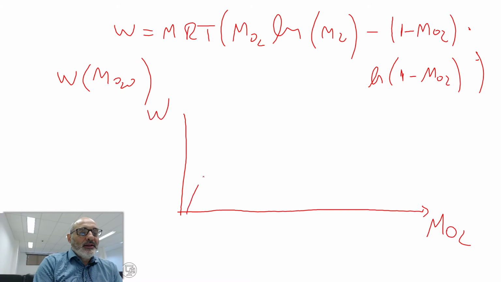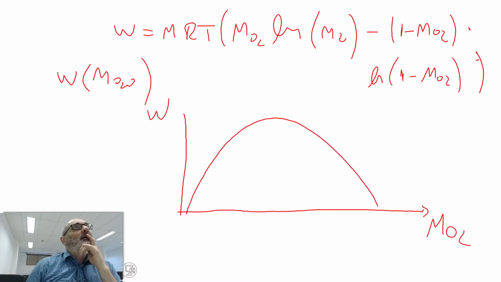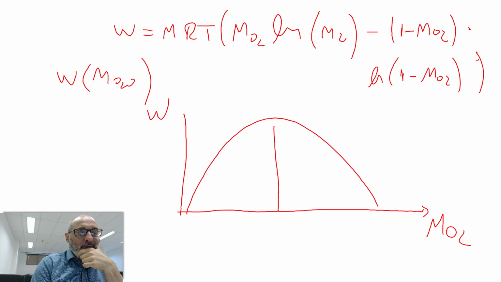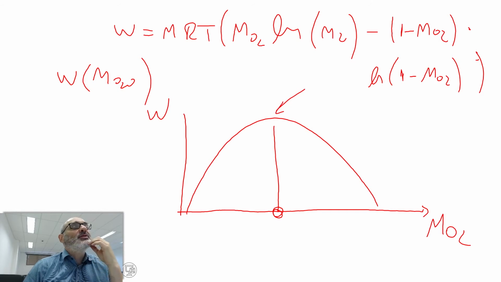So this means that if you have 50-50%, that's the most difficult situation for a separation process, okay? If you have 10-90, it's simpler than having 50-50%, okay?